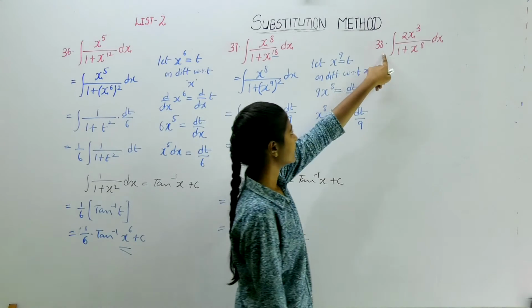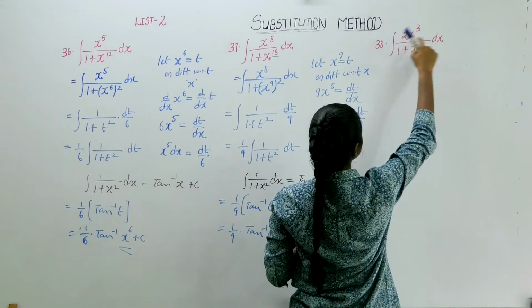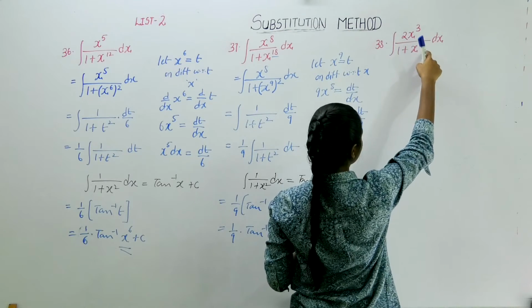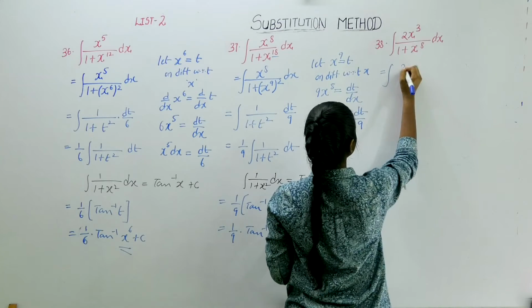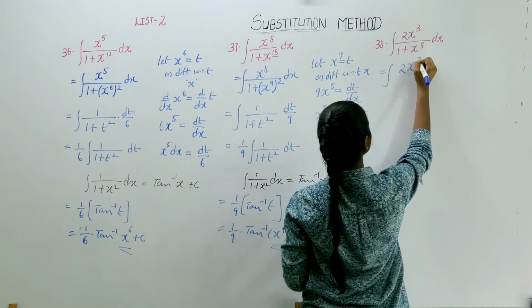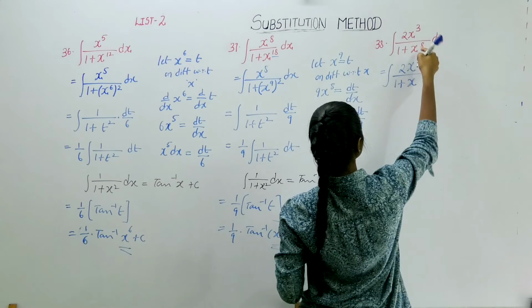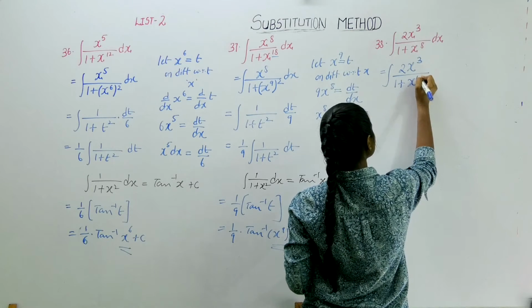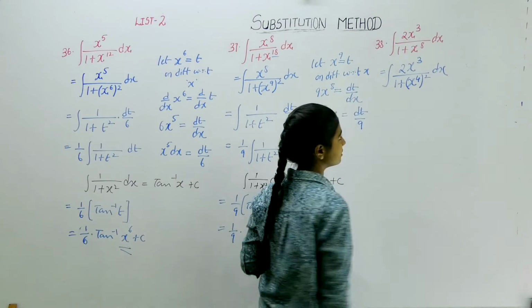Next, the 38th one. Here we have integral 2x cube by 1 plus x power 8 dx. To solve this, in the first step, let me write 2x cube as it is, and in the denominator 1 plus x power 8, where x power 8 is written as x power 4 whole square, dx.